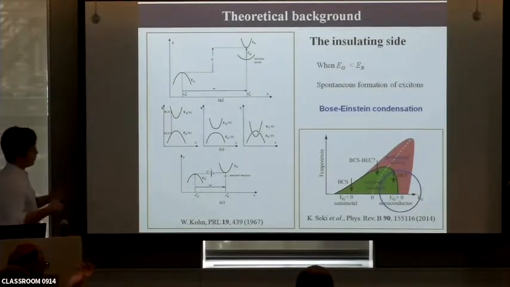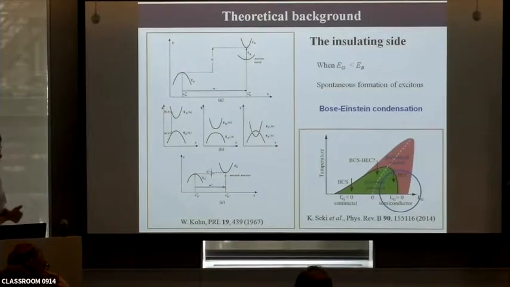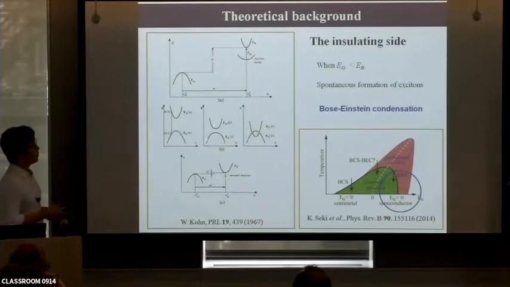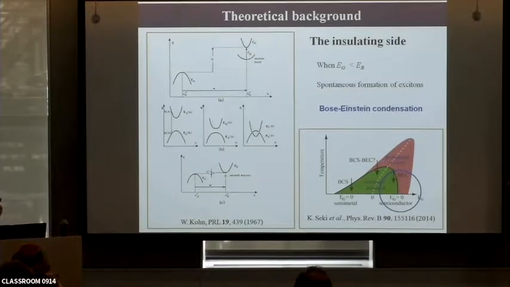Due to the excitonic interaction, the band is renormalized, and this is the electronic structure of the excitonic insulator. When you apply external pressure to the excitonic insulator, you can meet another excitonic instability, and the band is renormalized further. So in principle, successive excitonic transitions could happen under pressure.